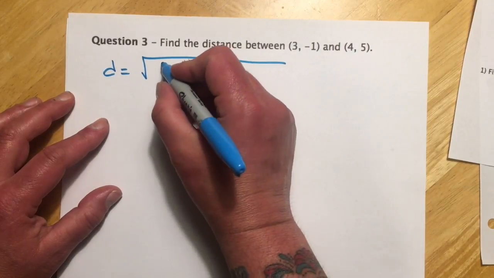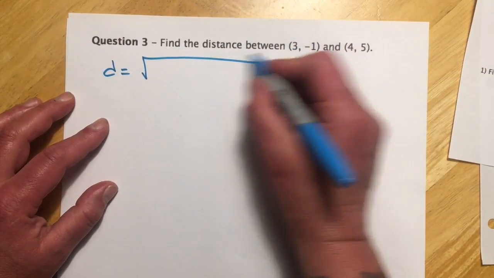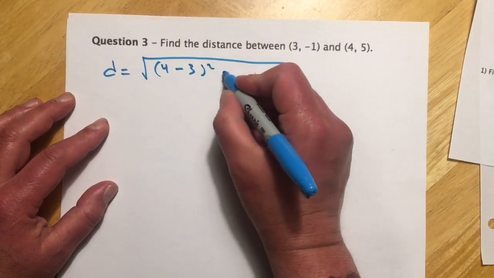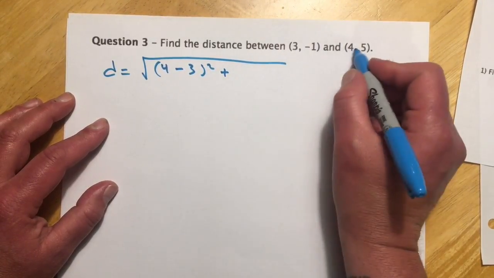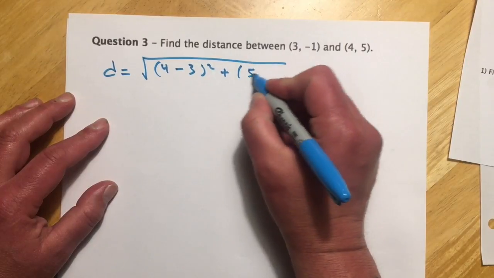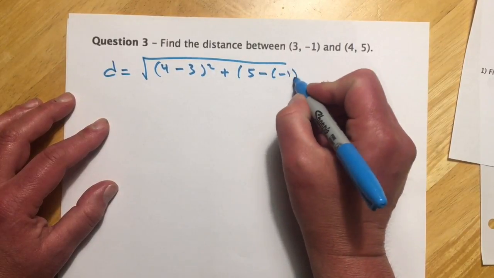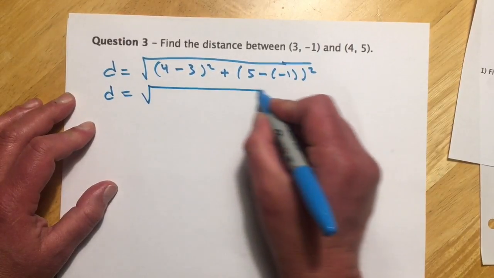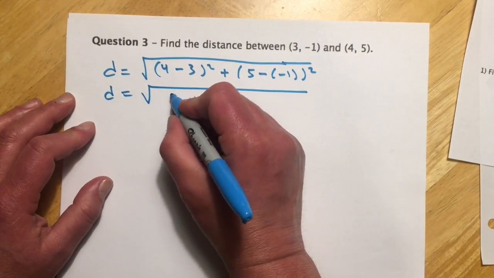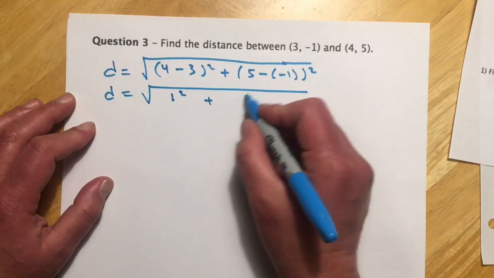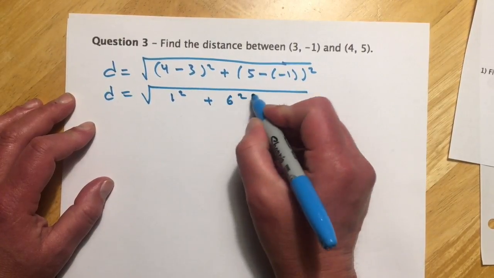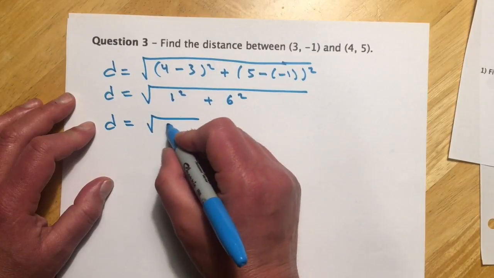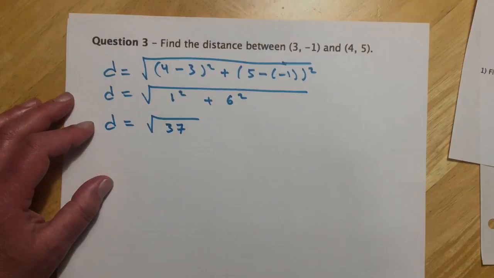So we're just going to go change in x, so 4 minus 3 squared, plus change in y, so 5 minus -1. So 4 minus 3 would be 1 squared, plus that would be 6 squared. So the distance is root 36 plus 1, which is root 37.